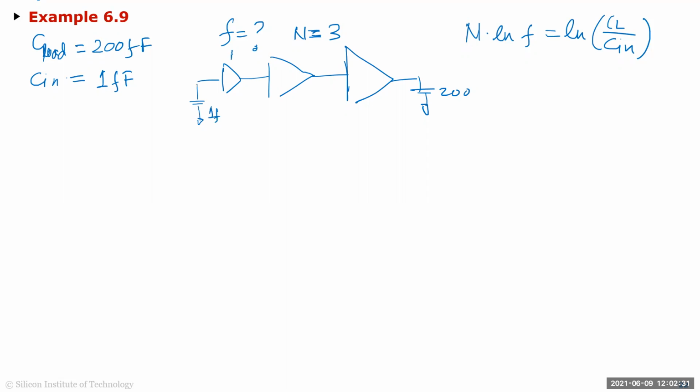So this is obviously your first inverter with size 1. This is F, and this will be F square, obviously, right? So whatever this size is, WP plus WN, the size of this inverter will be F times WP plus WN. This will be F square times WP plus WN.